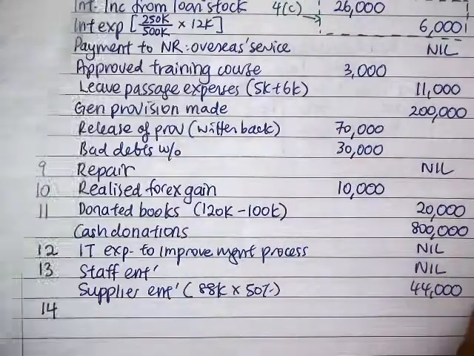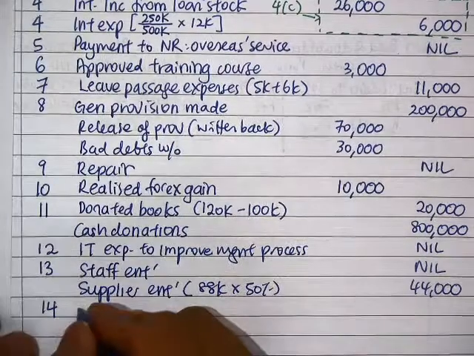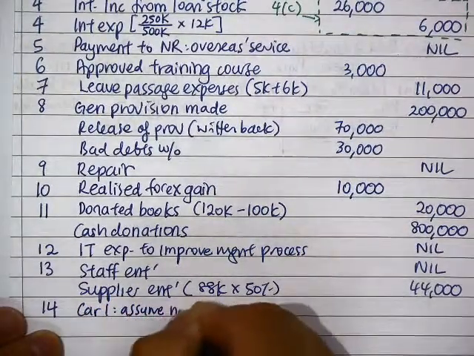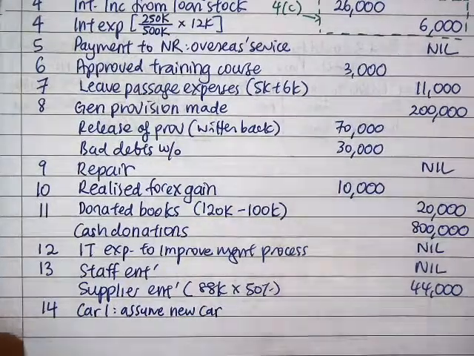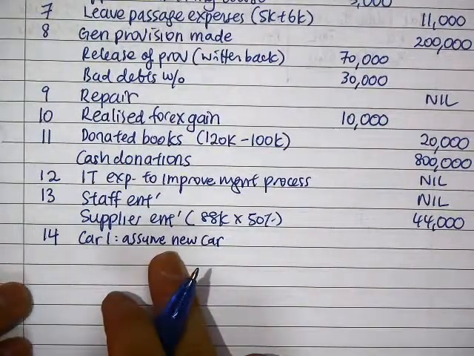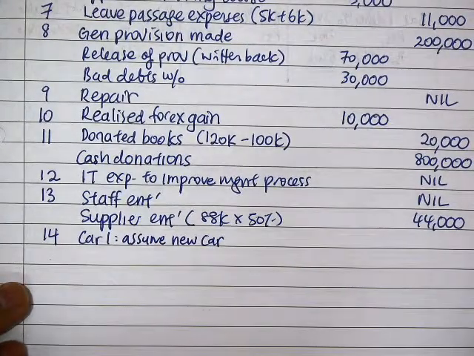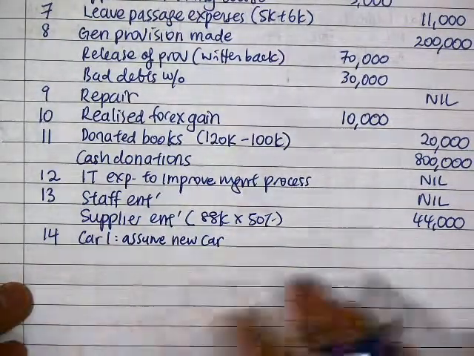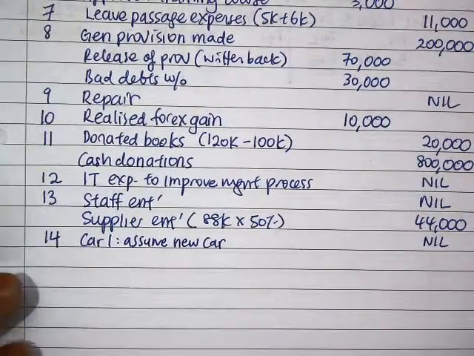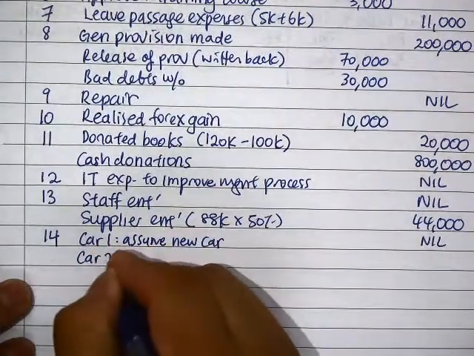So for car 1, I'll assume that it's a new car. So I'll get 100,000 deduction in total. Then 10, 24, 24 means fully deductible, no adjustment. Okay, car number 2.